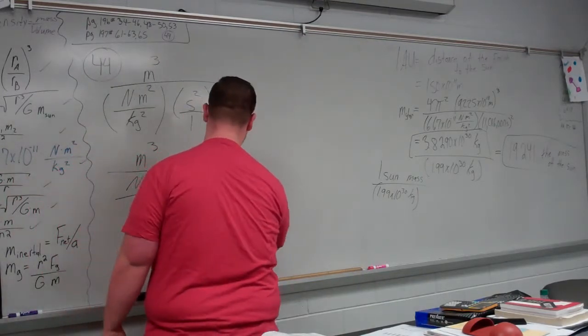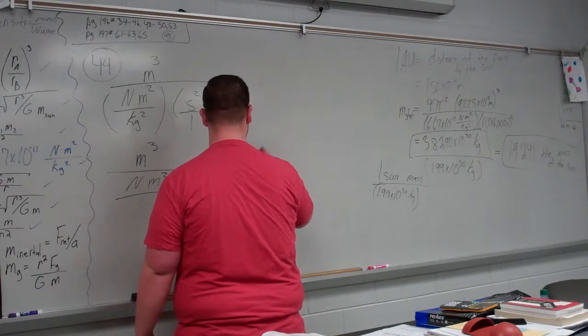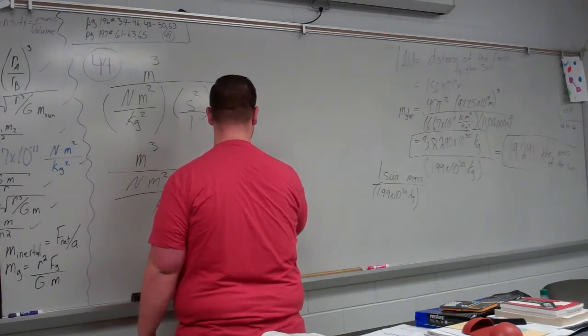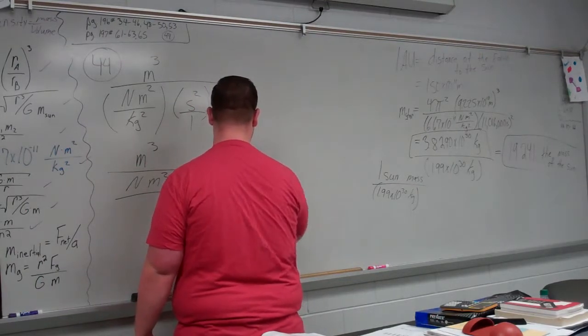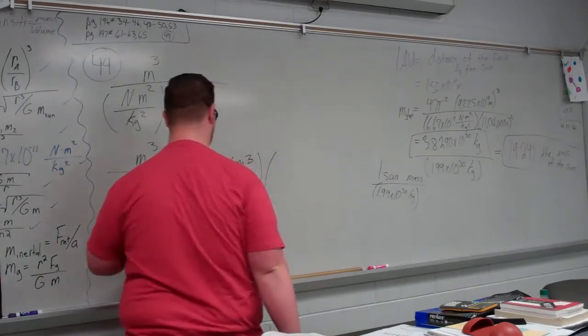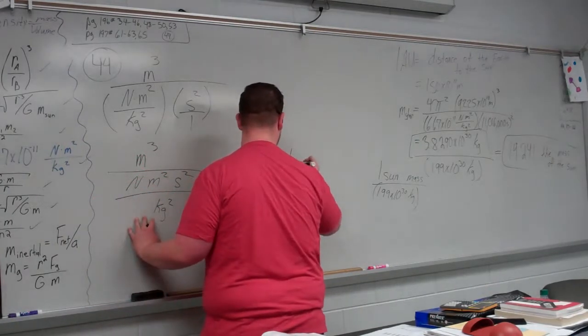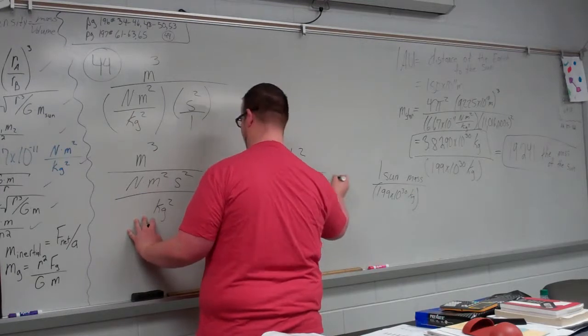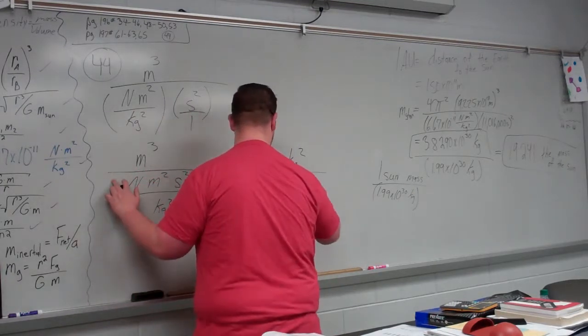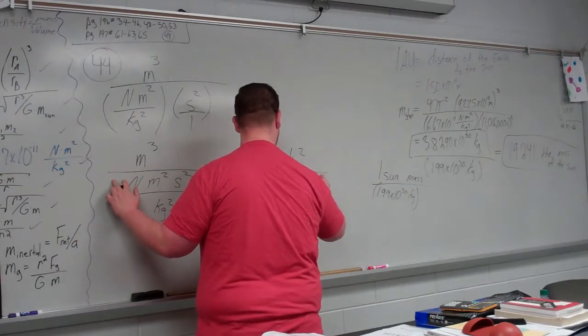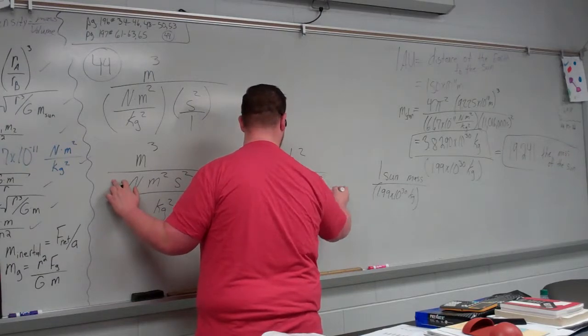So this is equal to meters cubed over 1 times the reciprocal of kilograms squared divided by newtons times a meter squared times seconds squared.